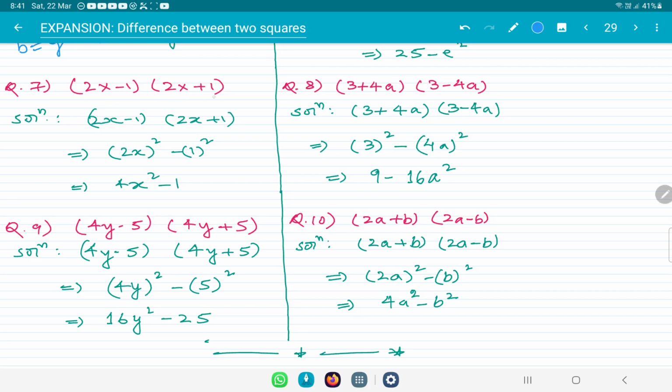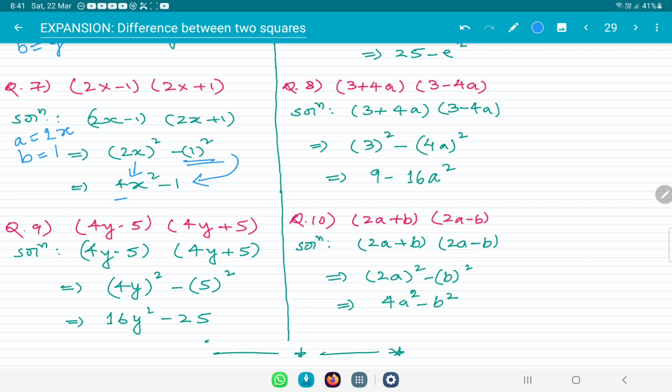Next question, 2x minus 1 into 2x plus 1. So what is a here? A is 2x. And what is b here? B is 1. So when we square 2x, it will become 4x square, and minus 1. First you have to show that you are doing 1 square. But as you know, 1 square, 1 cube, 1 raised to the power 1000, every time it will give 1.